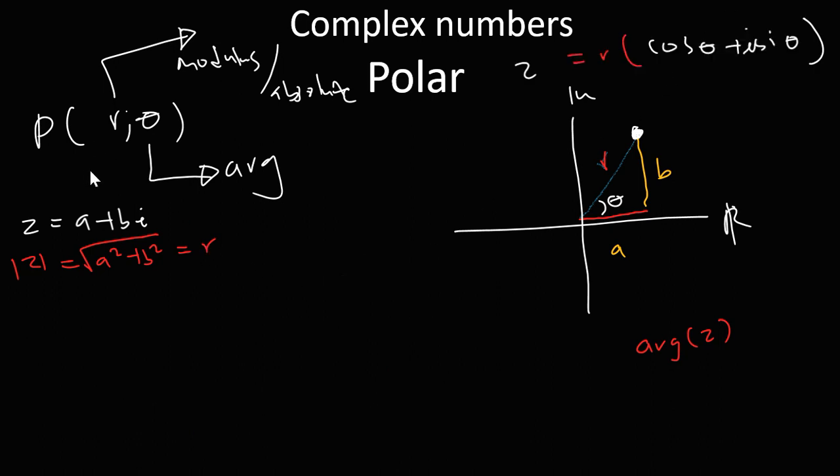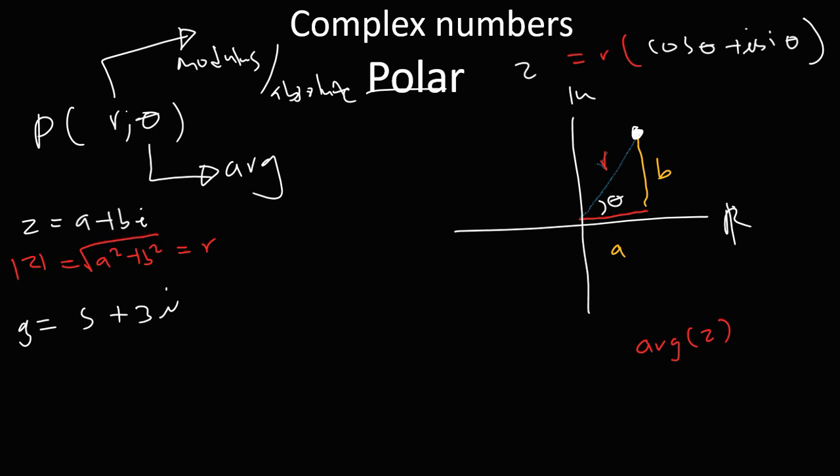Let me give you a complex number, like 5 plus 3i. That is a complex number g. We can write it in polar form. How do we do that? We can first find the modulus, which is just the radius.